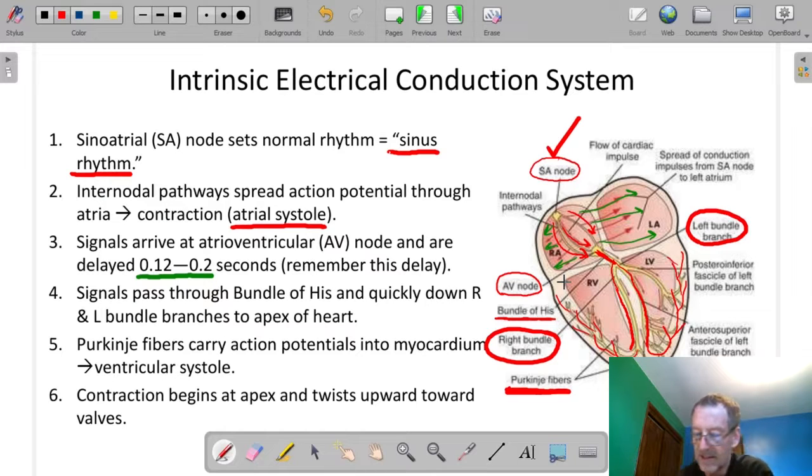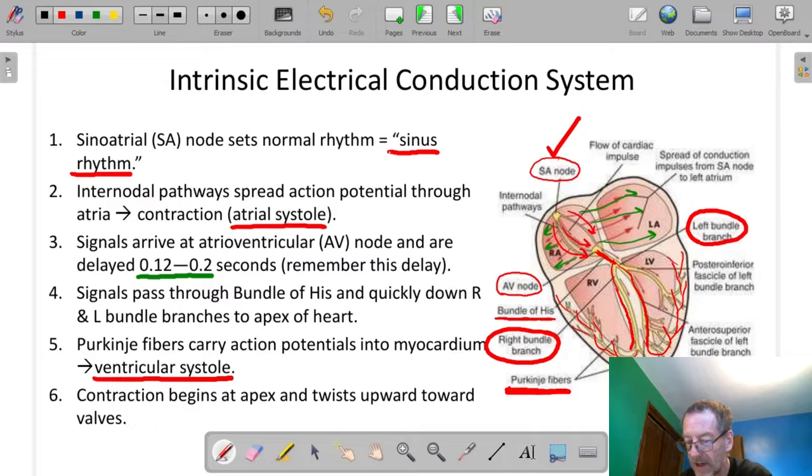And what's interesting is that when the ventricles contract, in ventricular systole, it begins at the apex of the heart. The contraction begins there, and then it spreads upward toward the valves.